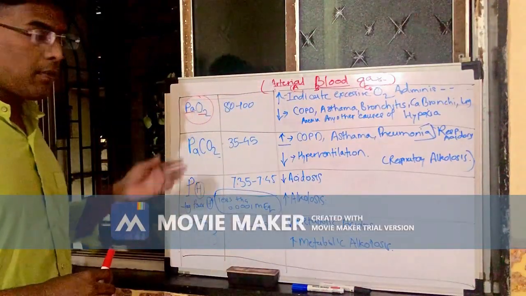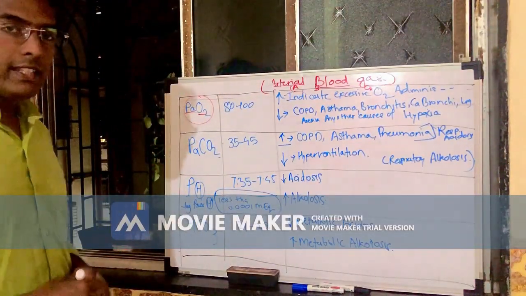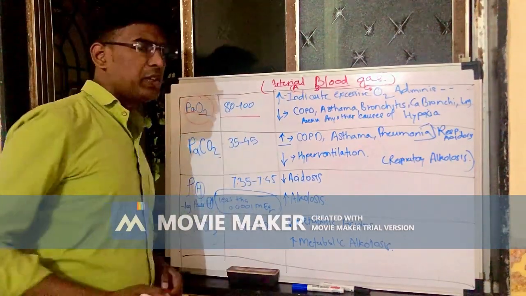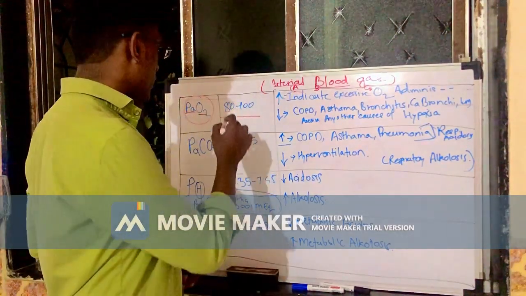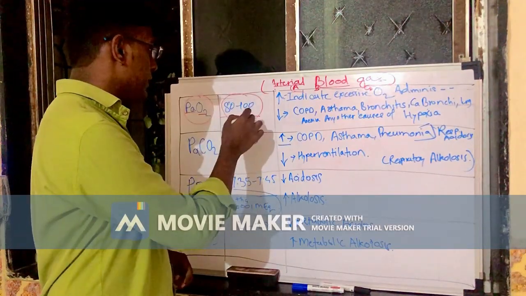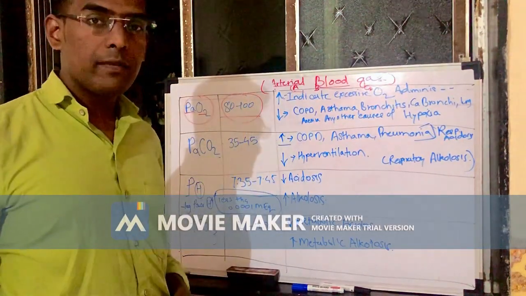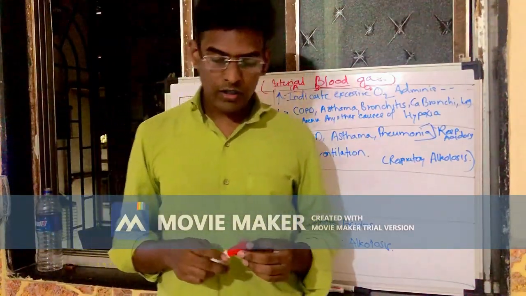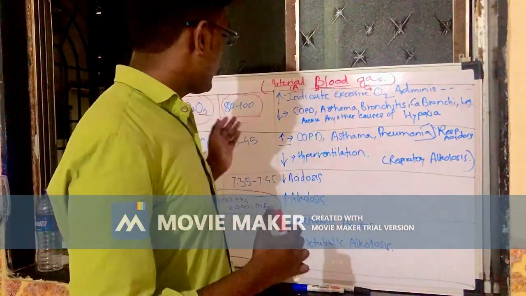So first we will see this chart. What is the partial pressure of arterial oxygen? The normal value is 80 to 100. When we talk about this value, we will talk about what it means if it increases and what it means if it decreases. The partial pressure of arterial oxygen is fixed, ranging from 80 to 100. If it is decreasing, it means there could be a problem of oxygen delivery to the body.